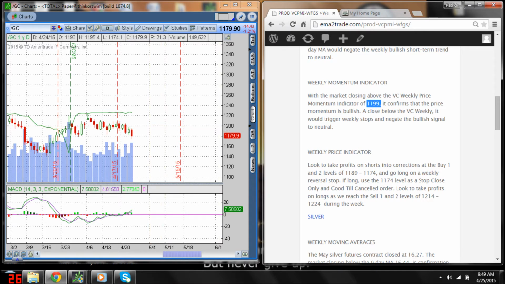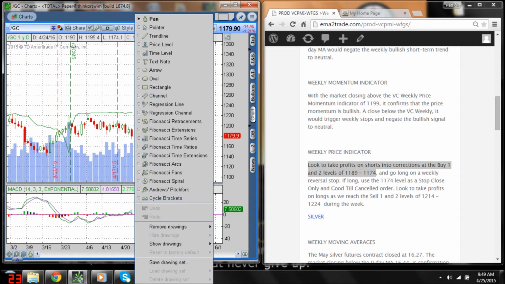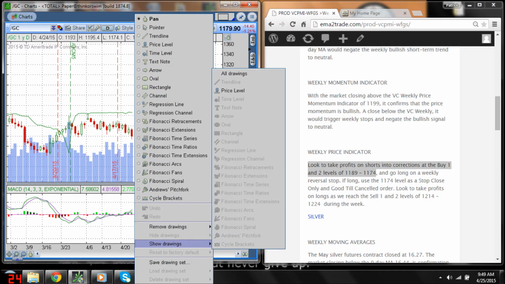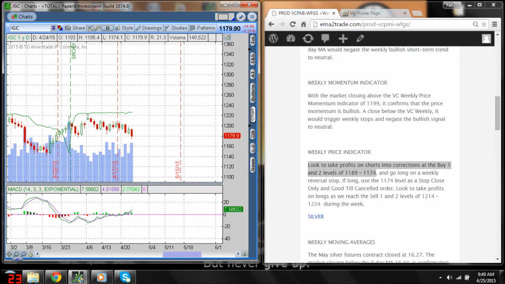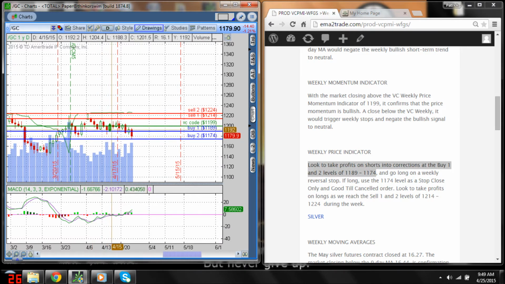It activated the lower levels that indicate that based on using the price indicator, you look to take some profits on shorts into corrections at the buy one and buy two levels of 1189 to 1174. So the market came in on Monday, Tuesday, Wednesday.